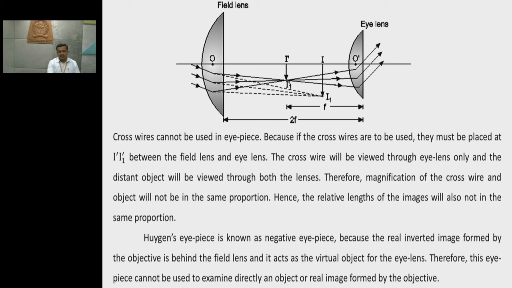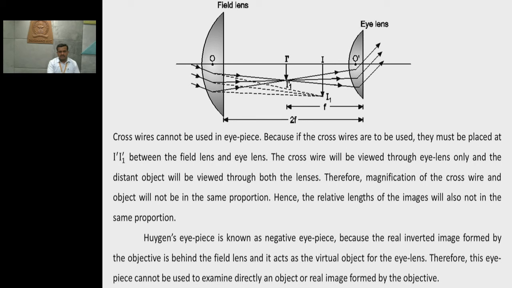If the cross wires are to be used, they must be placed at I1 dash, between the field lens and eye lens. The cross wires will be viewed through the eye lens only, and the distant object will be viewed through both lenses. Therefore, the magnification of the cross wire and object will not be in the same proportion. Hence, the relative lengths of the images will also not be in the same proportion.